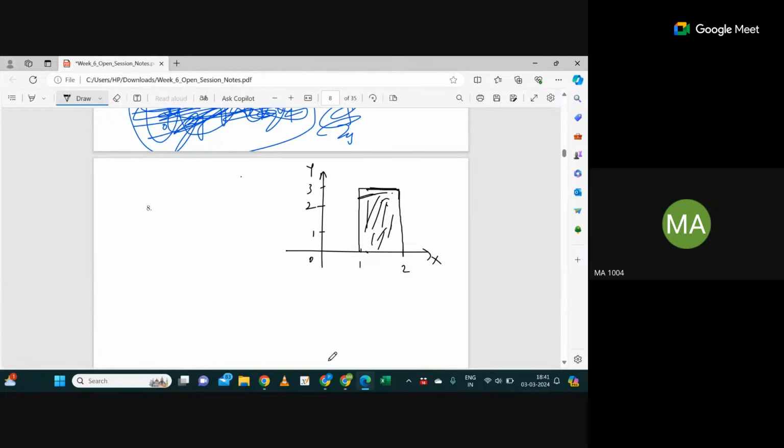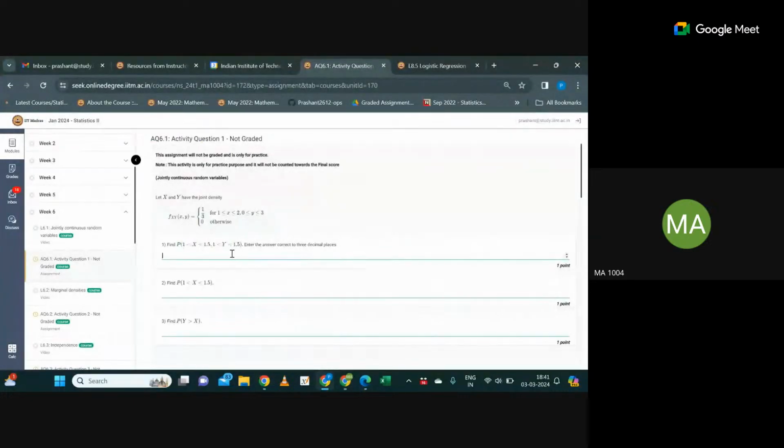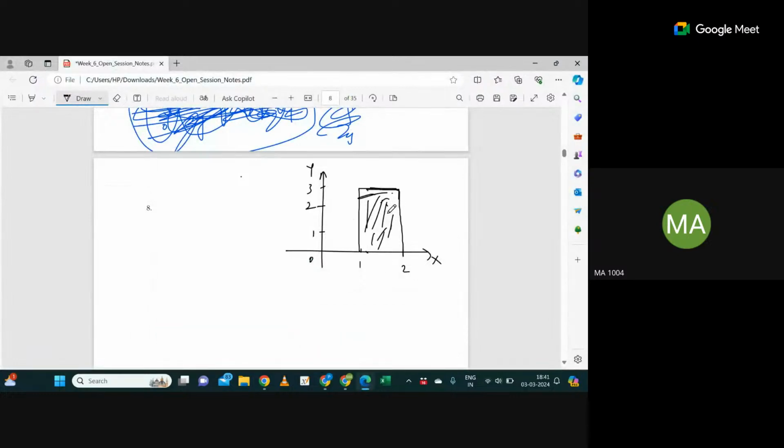Now, how will you find this first integral? You could integrate throughout the region, or you can find it with the help of the region. What is the probability that x is less than 1.5 and y is between 1 and 1.5? You can solve this without integration also, since the limits of x and y are given. You can integrate, or find it with the area.